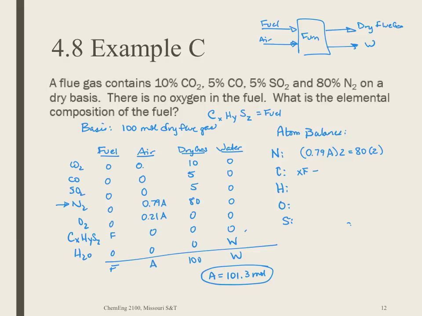It leaves as CO2, as CO, and that's it. So X times F is going to be 15. H, all right, so where's my H's? H is going to be Y times my feed, and it leaves as 2W.